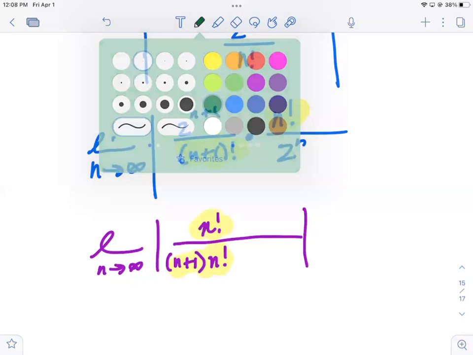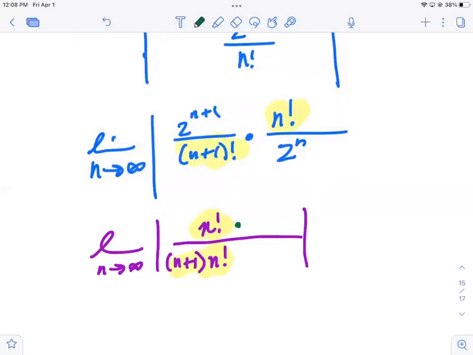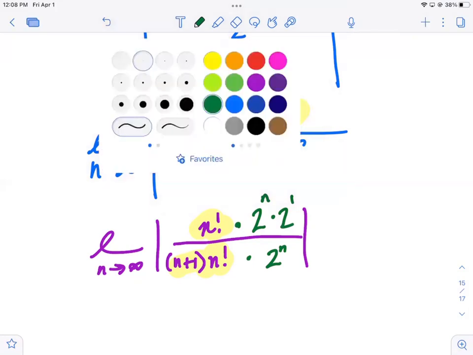Now let's do the top as well. 2 to the n plus 1 is bigger than 2 to the n. Well, I can write 2 to the n plus 1 as 2 to the n times 2 to the 1st. And that's all over 2 to the n. So that takes care of that. What we're trying to do is write them in terms of each other because we want things to divide out. And do things divide out?